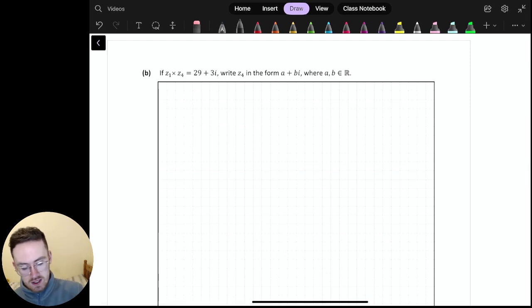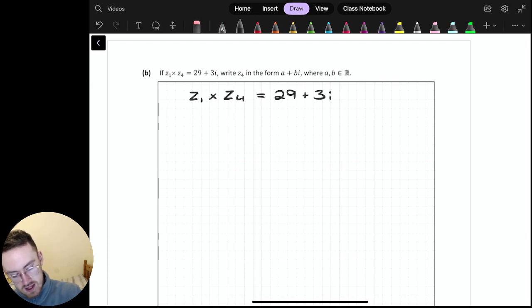Interesting question here. We're told z1 multiplied by z4 is equal to 29 plus 3i. And what are we looking for? We're looking for z4. So let's think about it. What can we do? z4 at the minute is multiplied by z1 and we have the answer.